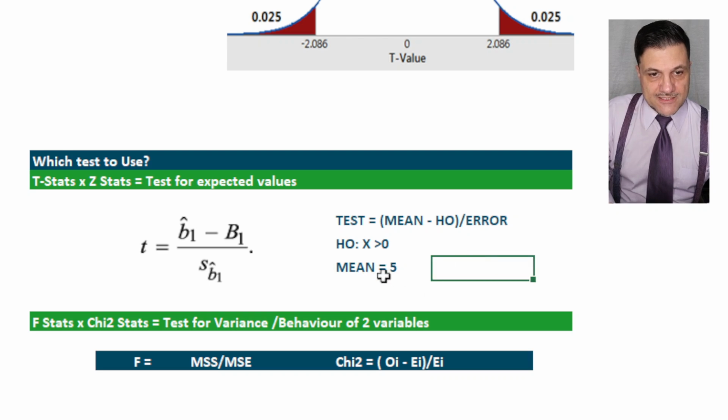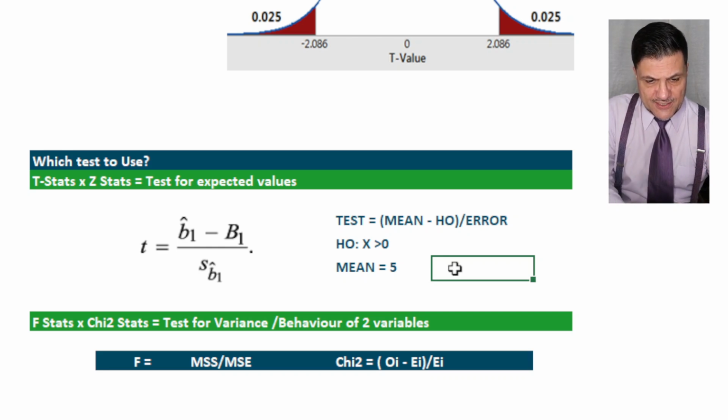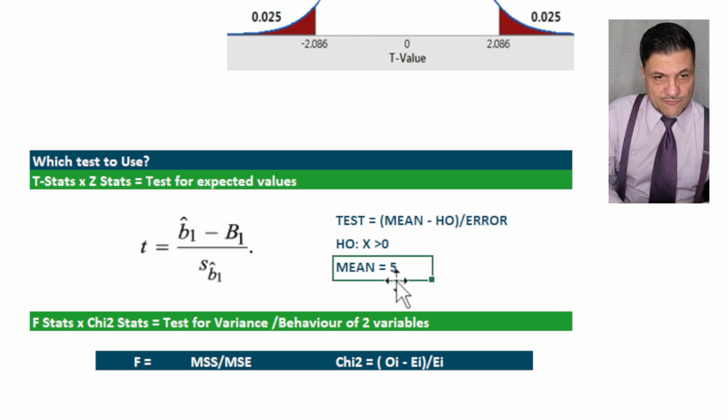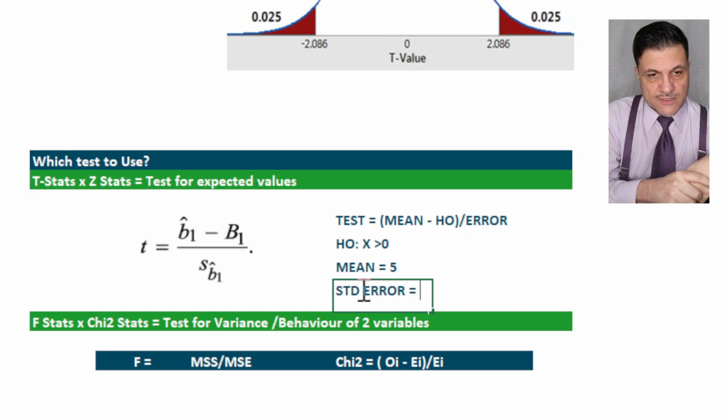Good, that's my average, my 5. And what about the standard error? Not standard deviation. We're looking for the standard error, because that's what we're doing. If it's not given on the problem, unfortunately, you're going to have to compute it, and you have to remember the formula of the standard error. Well, let's say the standard error is equal to 4.